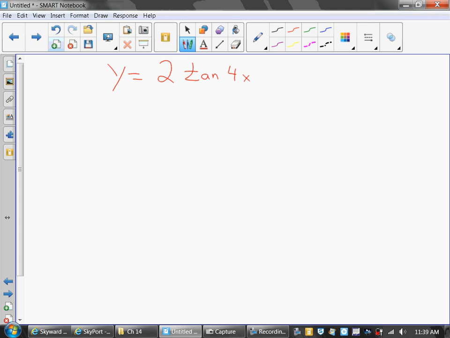I'm not putting any h's or k's in this yet. I'm not worried about shifting. I'm just going to do the parent function tangent. So once again, my a is 2, my b is 4, which means my period is going to be pi over 4. That's basically how long it takes the tangent function to cycle.